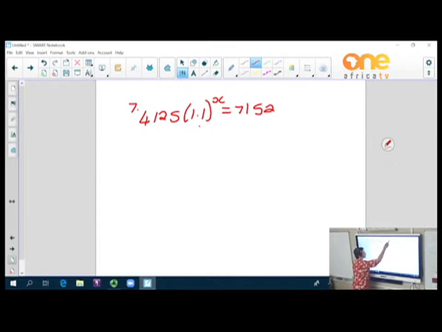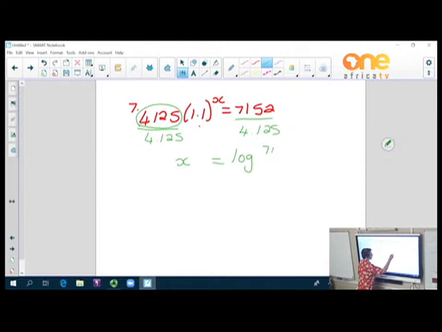So to be able to solve this one, in the first step, we want to get rid of this constant in front. This constant is usually your initial value. So I'm going to divide here and here by 4.125. Then we have 1.1 to the power of x is equal to, I log both sides, I bring down the x, and it is then log.